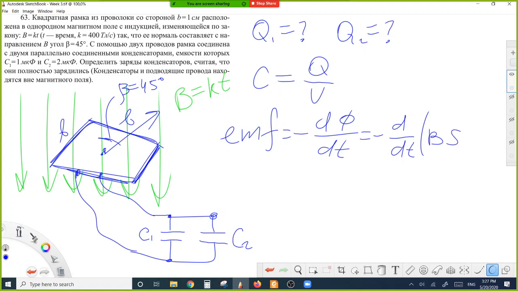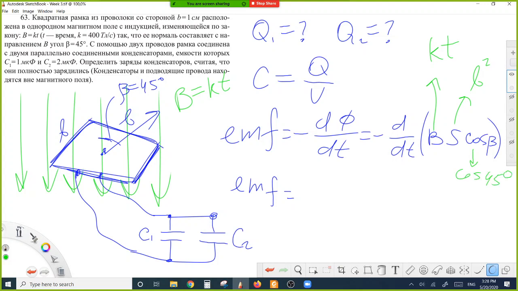B is k t. S is b squared. Cosine beta is cosine 45 degrees.